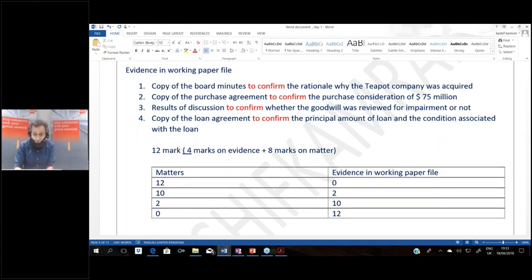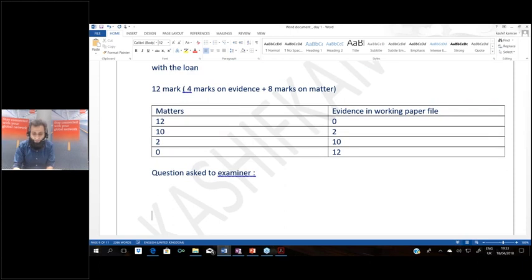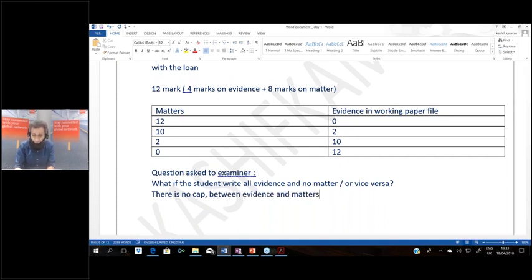This was a question asked to the examiner, in which he responded very clearly. What if the student writes all evidences and no matters, or vice versa? And see what the examiner responded. The examiner responded, there is no gap between evidence and matters.